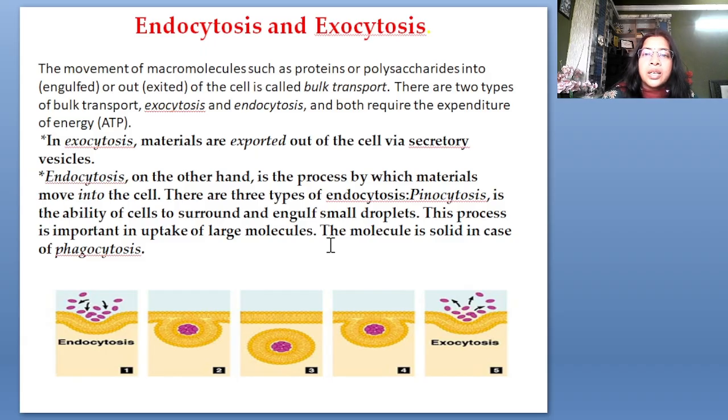So endocytosis and exocytosis come under active transport processes. In exocytosis, materials are exported out of the cell via secretory vesicles, and endocytosis is the process by which materials move inside the cell. There are three types of endocytosis: pinocytosis, phagocytosis, and receptor-mediated endocytosis.